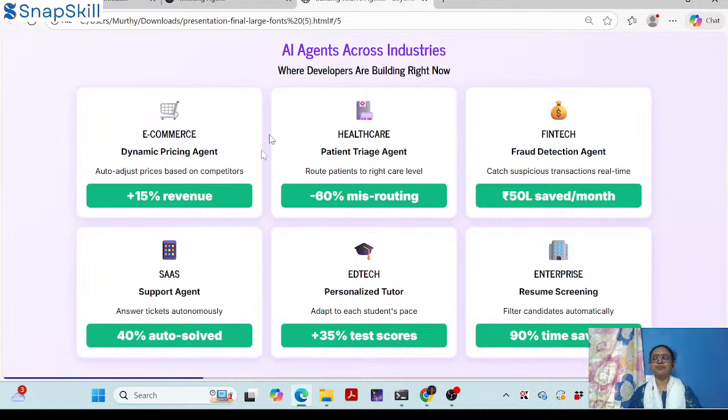And the other most important one is the BFSI domain. In the BFSI domain, research is still happening on fraud detection. What is this fraud detection? Anomaly. We keep on writing papers on anomaly detection. We keep on developing different systems for anomalies. Whereas by using agents, there are different design patterns.